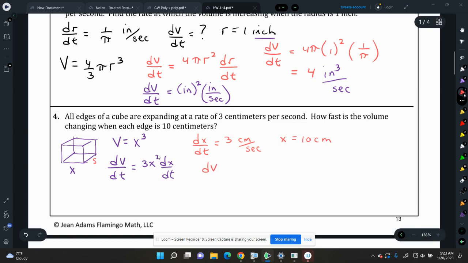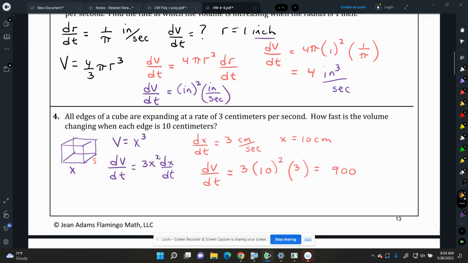So dV/dt equals 3x squared, so that's 10 squared, times dx/dt, which is 3. So we get 900.